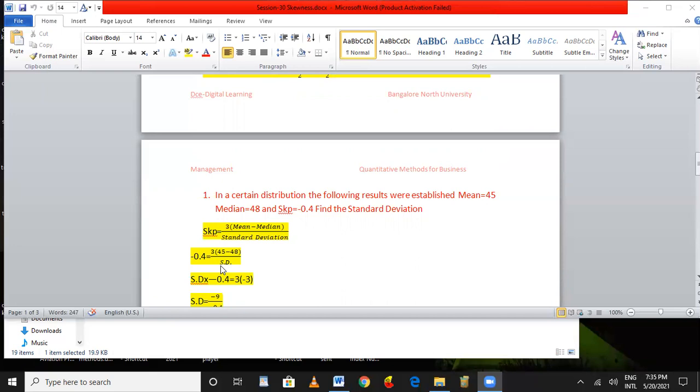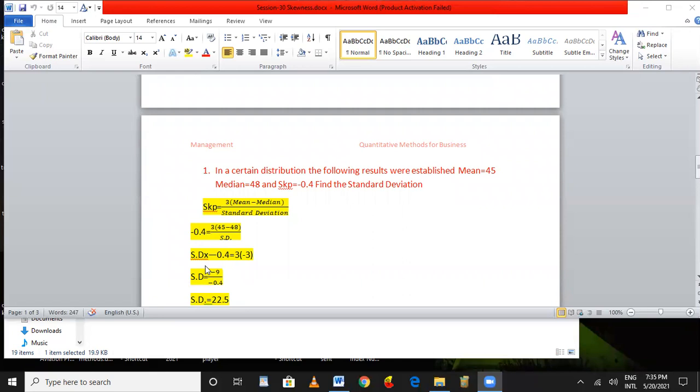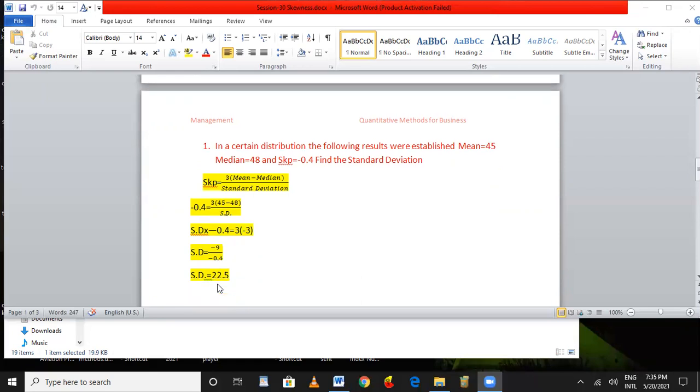Now we have to simplify this so that we get the standard deviation. -0.4 into standard deviation is equal to 3 into (45 minus 48), which is 3 into -3, that is -9. If we send the -0.4 to the RHS, it becomes division.